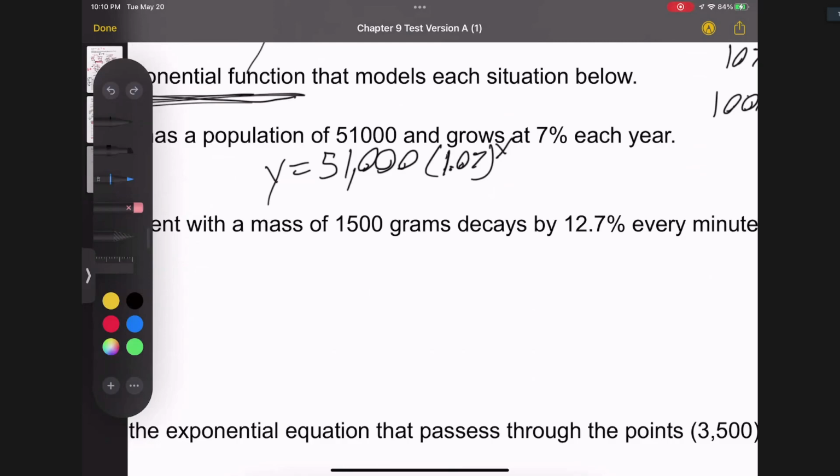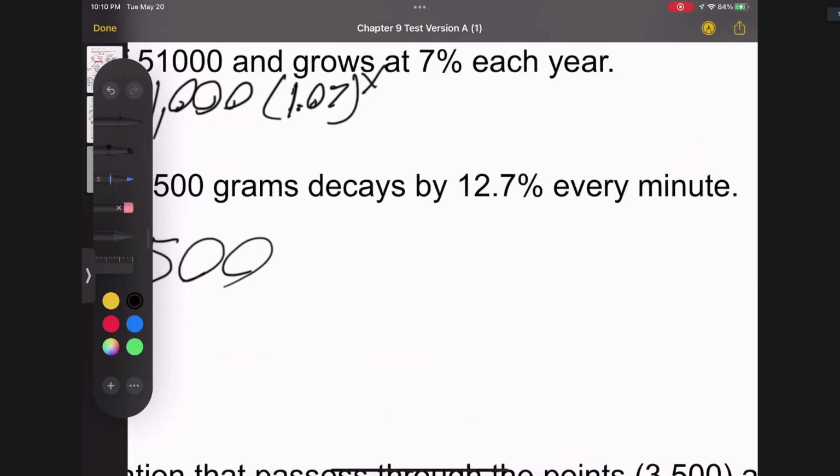Now this one, again, hopefully I don't need to do that much. We got 1500. That's your starting point. And it says the word decay. Now, when you have something that is decaying, do you think you're going up in percentage or going down in percentage? Well, you're going down.